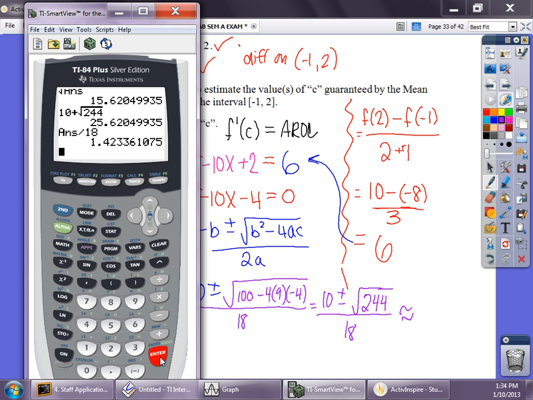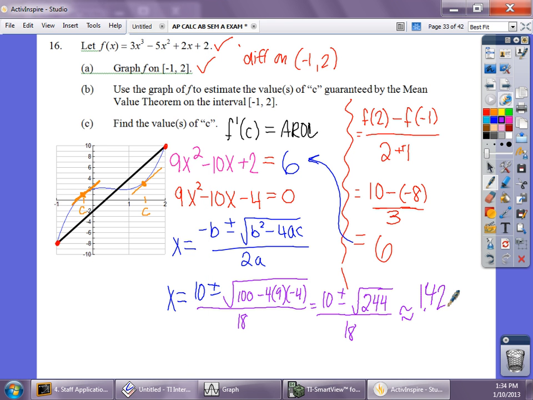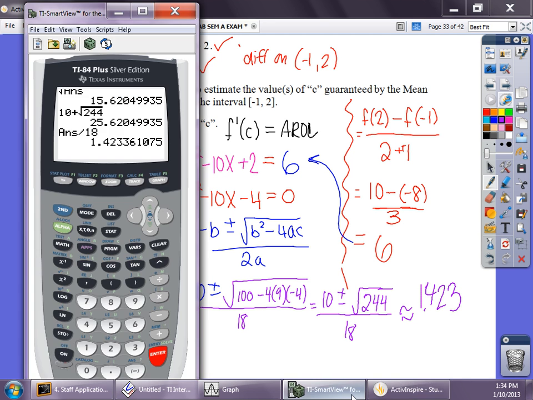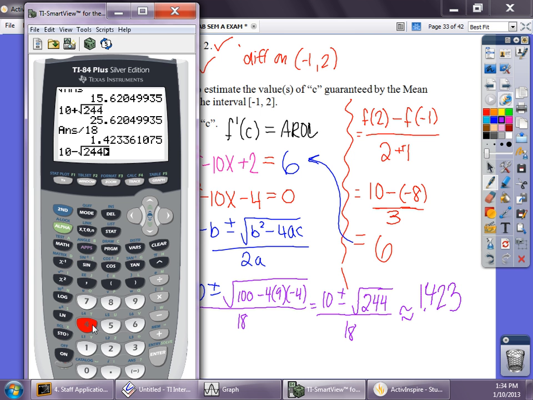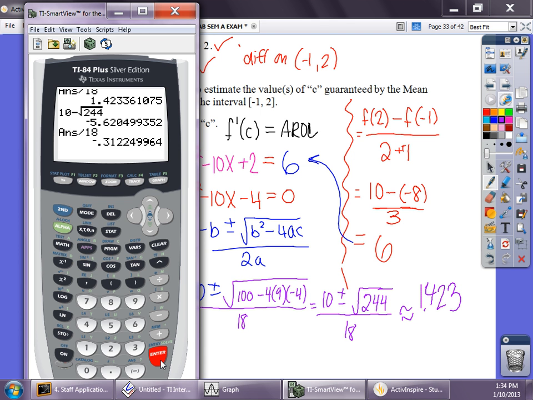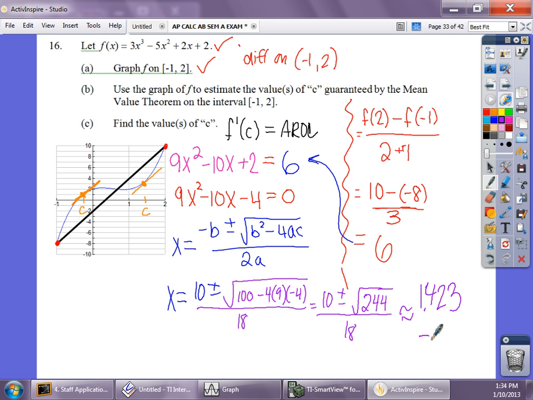So one of the values is about 1.423, 3 decimal places, and then the other value would be 10 minus the square root of 244, divided by 18, negative 0.312, which seems pretty close to where I put my orange c value. So if you see here, that does look like negative 0.3. This does look like about 1.4. Not exactly 1.5, but pretty close.